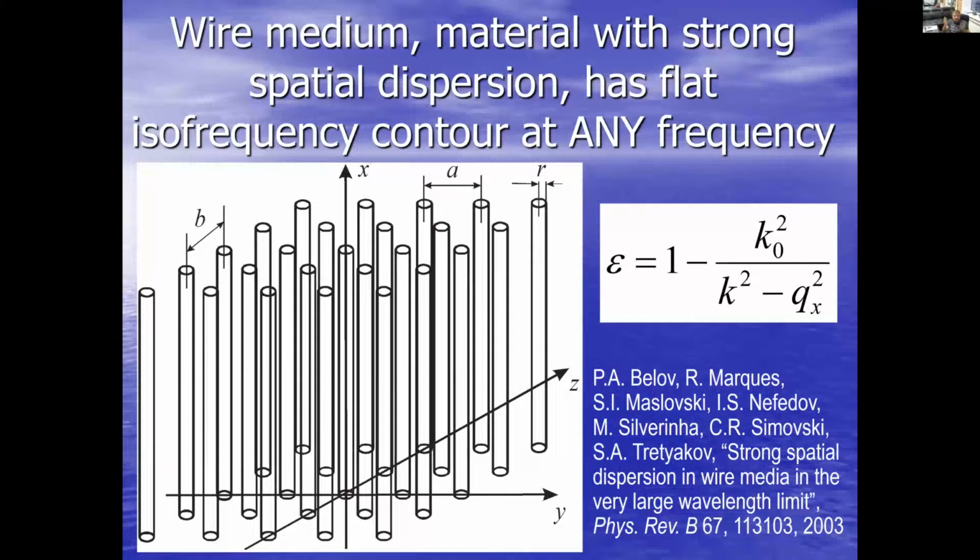Over here, this material works at any frequency already, and this is fantastic. It's a wide band metamaterial with properties required for subwavelength imaging, thanks to special dispersion. This is probably a unique case when special dispersion helps with something, but does not kill some effects.